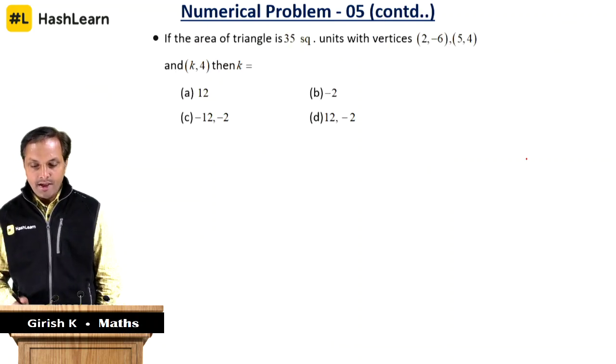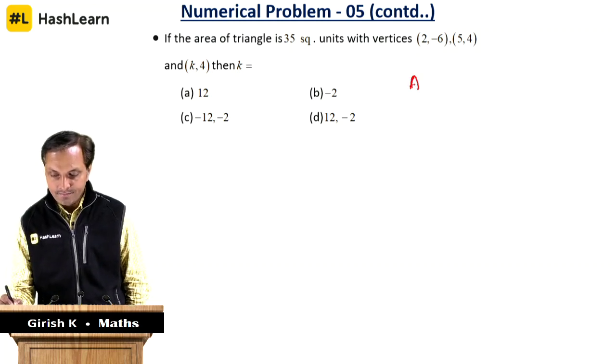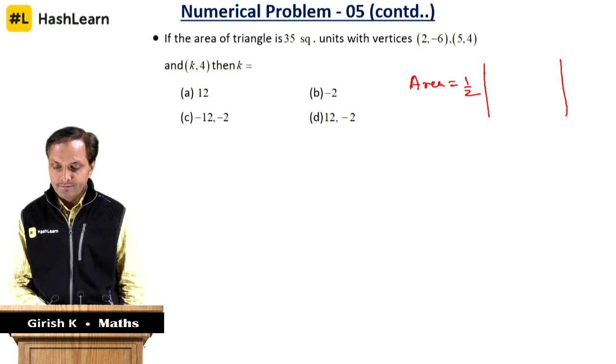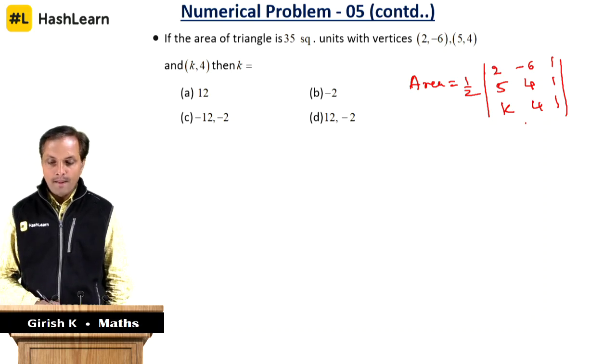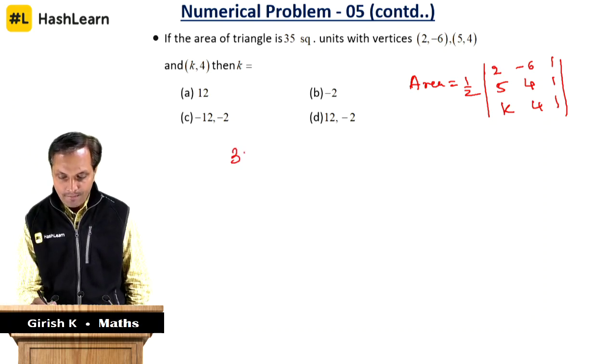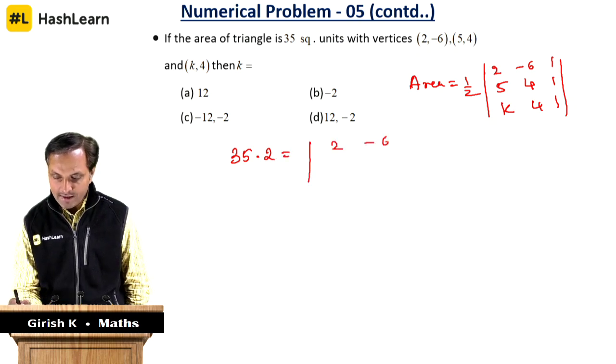Time up. You know that area of the triangle is given by half determinant of the vertices, that is 2, minus 6, 1, 5, 4, 1, K, 4, 1. So area is given as 35. You can multiply it with 2 and you will have 2 minus 6, 1, 5, 4, 1, K, 4, 1.